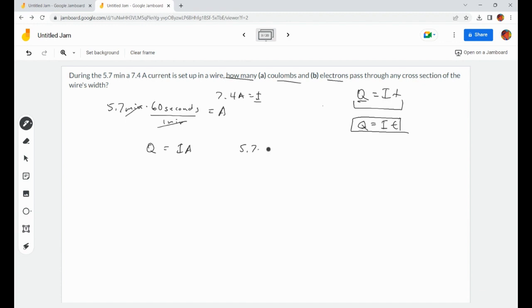So do 5.7 multiplied by 60 seconds, which is the variable you have, multiplied by 7.4 amps, equals the variable, which I'm not going to put in here, and then it's coulombs.